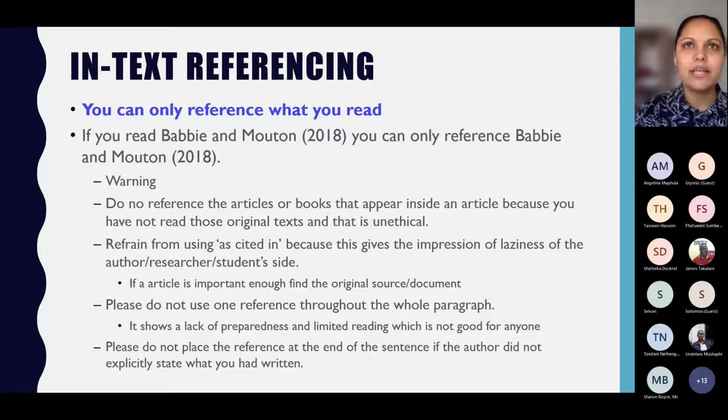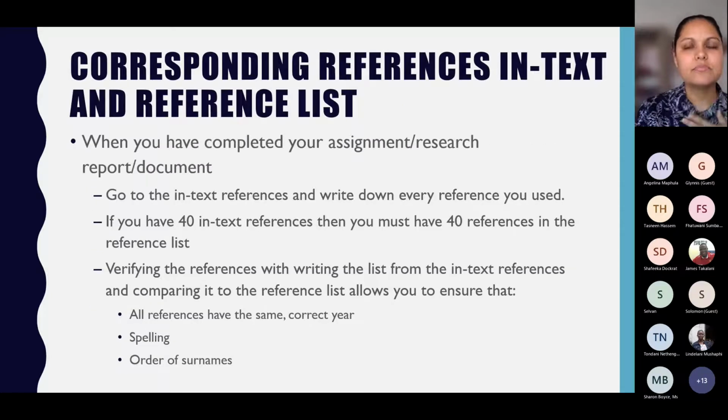When you're writing and there's a long paragraph, don't just put the reference at the end. Right? Try and reference throughout the presentation or throughout the thing that you are writing.